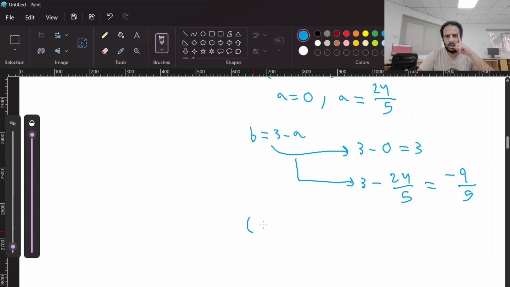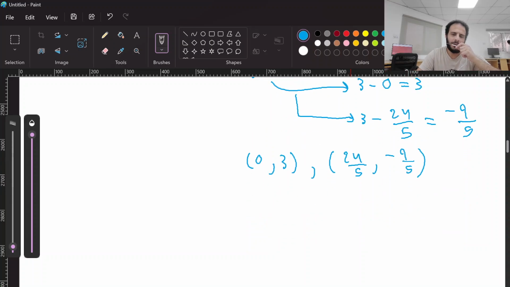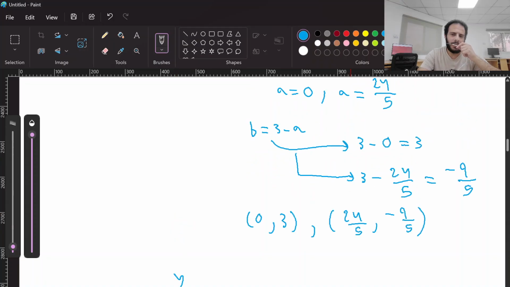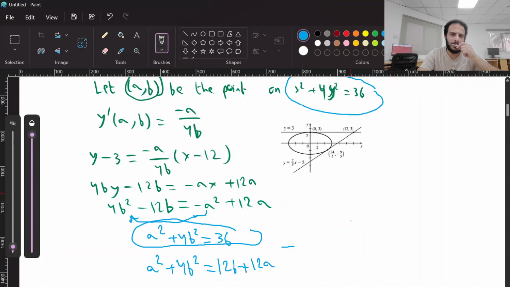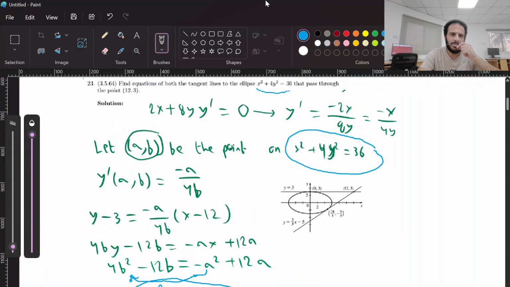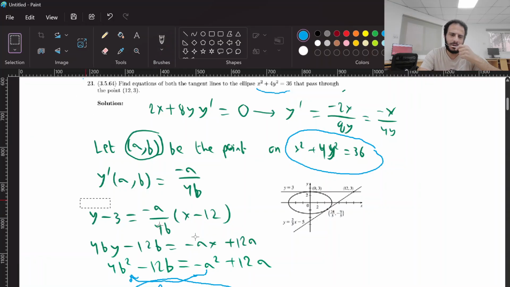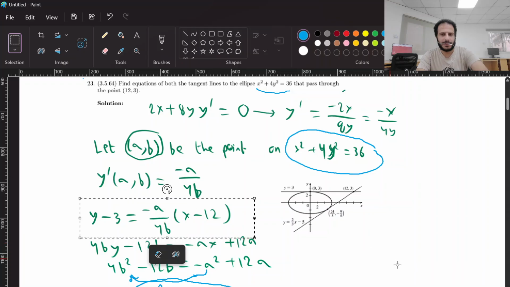So we have the point (0, 3), and we also have (24 over 5, minus 9 over 5). Next, remember the equation of the tangent. What is the equation of the tangent? Let me show you the equation again. It's here. You just substitute a and b and you get the two equations.